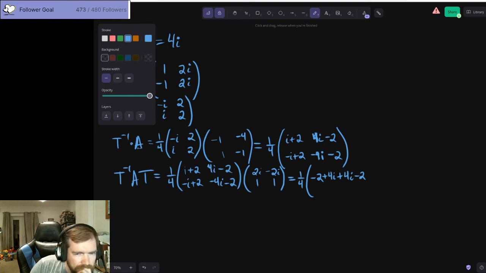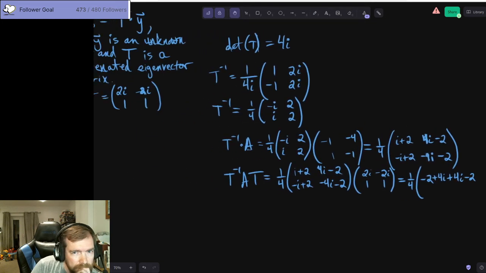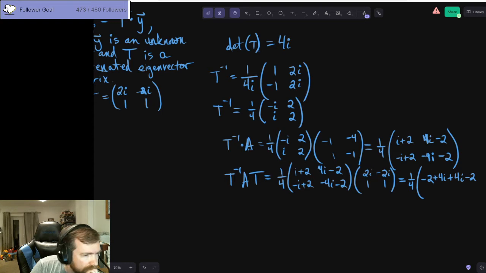If you can scroll over a little bit, I can try and find where the problem is. I just can't, the stroke color thing was in the way. So T is that. So then we're going to swap those and change the sign. That's great.